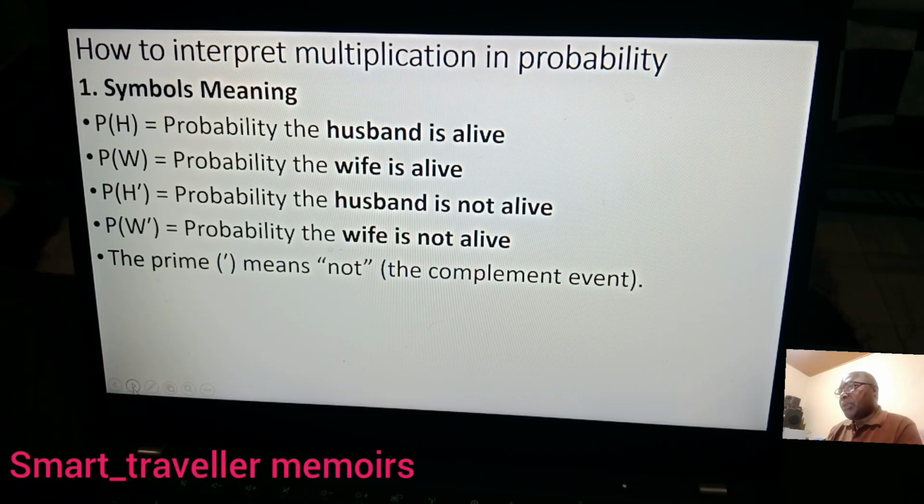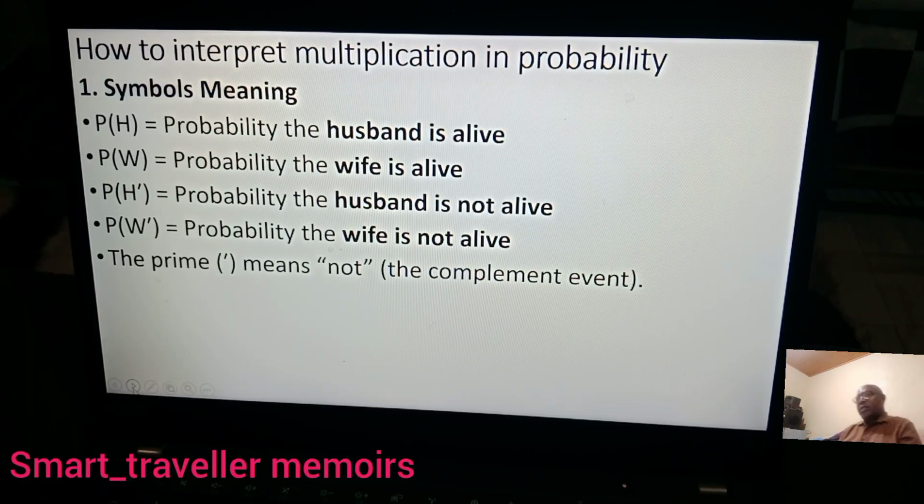PW means probability the wife is alive. PH prime means probability the husband is not alive. And PW prime means probability the wife is not alive. The prime, that is apostrophe, means not, or the complement event.